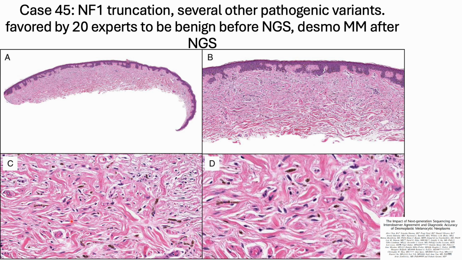You can see it's a rather paucicellular proliferation of spindle cells in collagenous stroma. So what is the diagnosis on this? The 20 experts favour desmoplastic melanoma after being exposed to the molecular information, but is that truly the diagnosis? We don't really know without follow-up information.